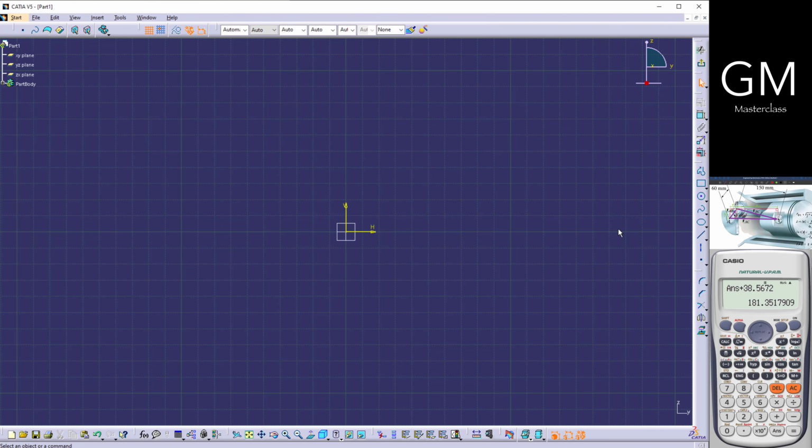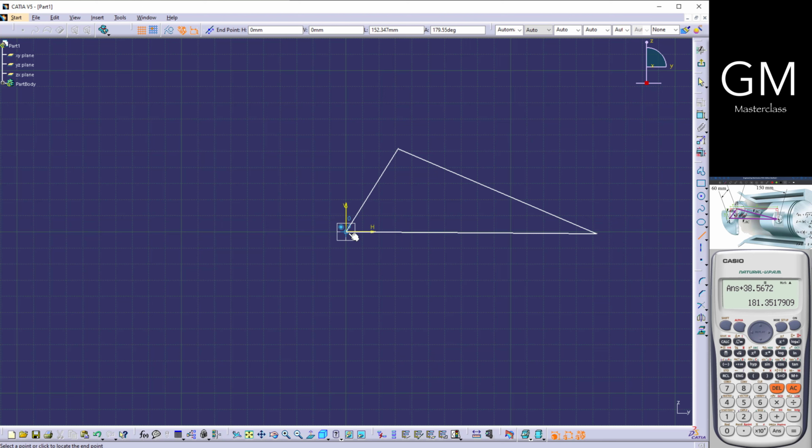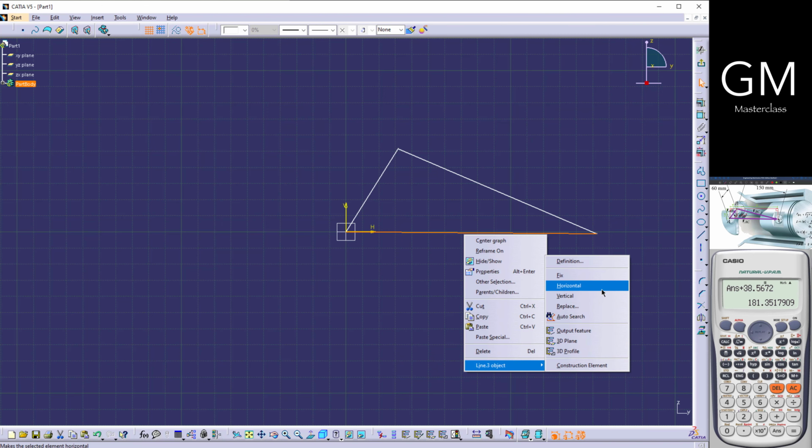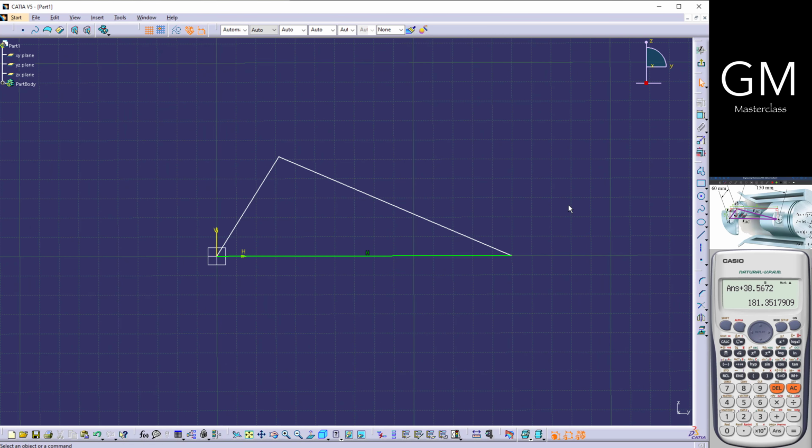The line tool. Right here I have a line, right here I have a line, and right here, sorry, and right here I have a line. This line must be horizontal. And right here I have a length, right here and right here.